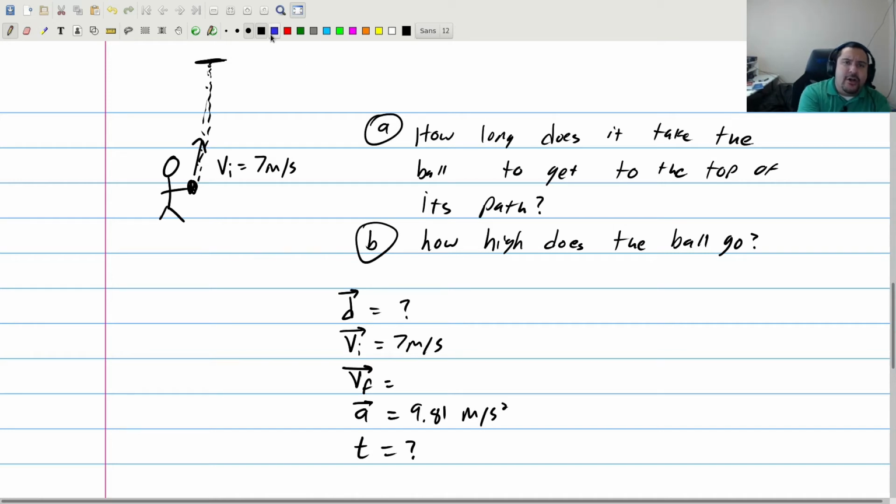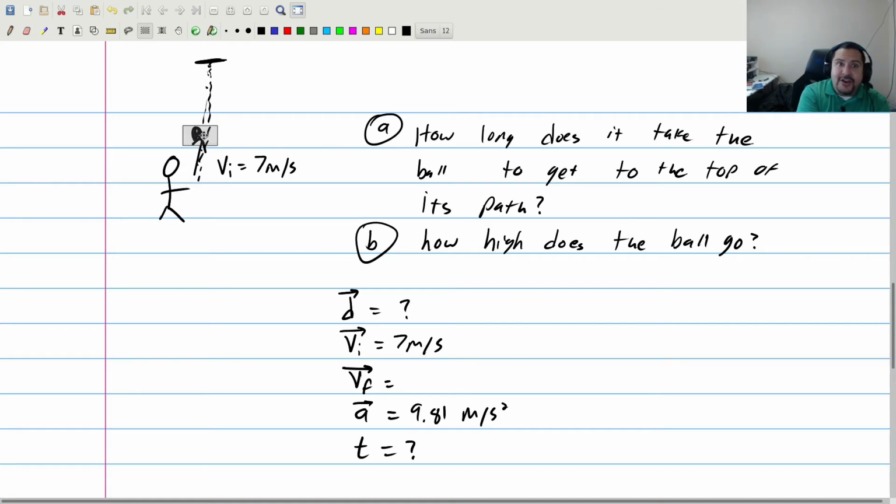As this ball rises, let me grab this ball here. As this ball rises, it's going to start off fast and slow down and slow down and slow down. And eventually it reaches the top of its path. And then it's going to reverse direction and start falling faster and faster and faster.